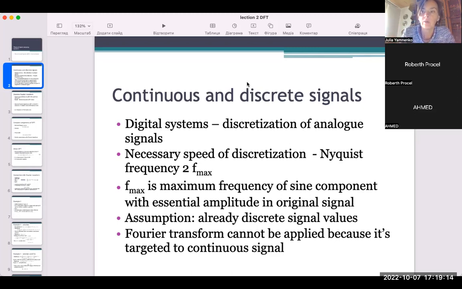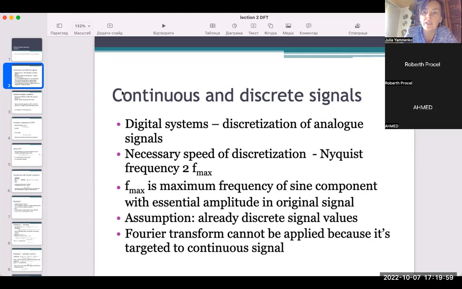And the very important question is what the time interval should be when we take these discrete values. Because analog signals could have different nature and different origin. So when we go from an analog signal to a digital one, it is necessary to understand how often we should take the values of the continuous signal in order to obtain the relevant discrete signal. And it is a very important question.